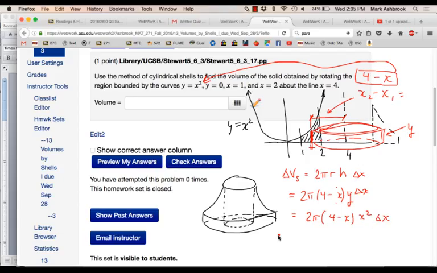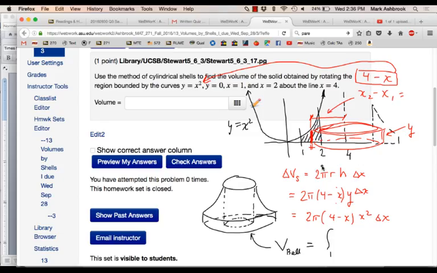Okay, ready to write the volume? So the volume of the bell with a hole in the top is going to be from, so now our last shell is this one out here. In your original region, you look at x from the left to the right.